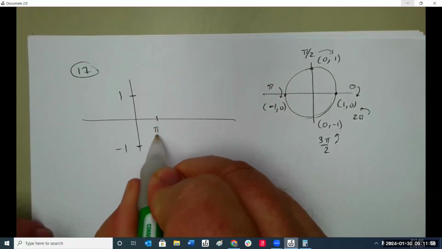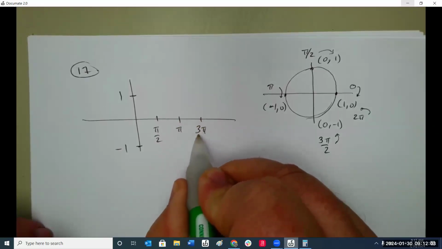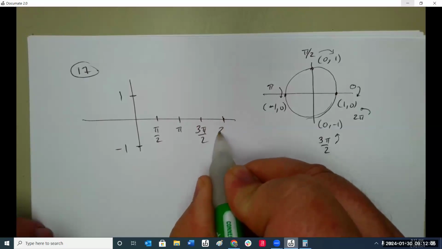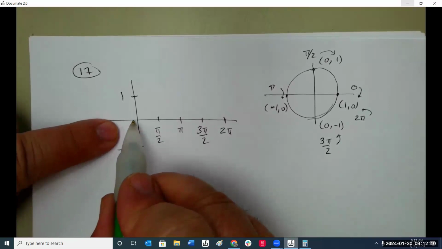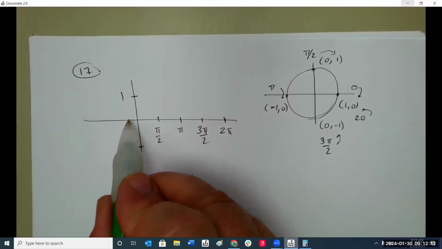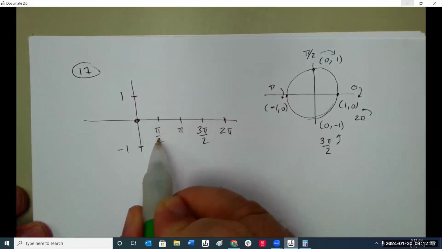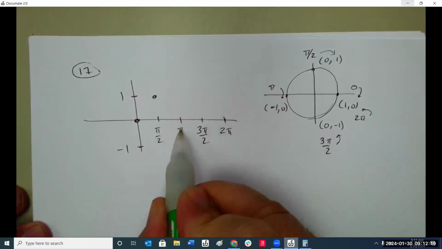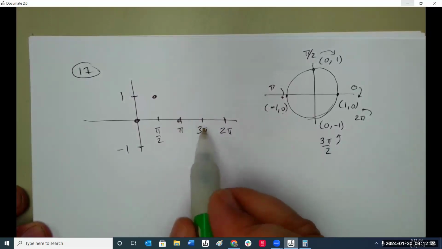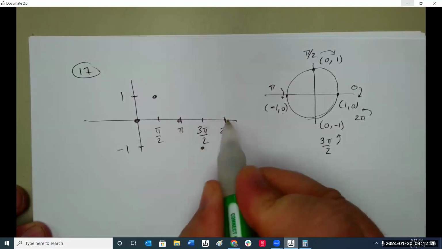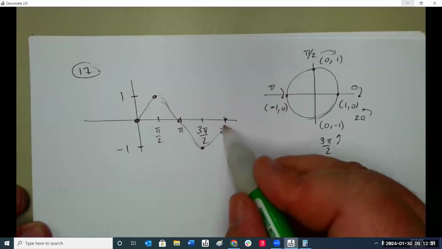We have pi over 2, pi, 3 pi over 2, 2 pi. At 0, what is sine? 0, so it's there. At pi over 2, 1. At pi, 0. At 3 pi over 2, it's -1. And at 2 pi. So we know the sine function looks like this.